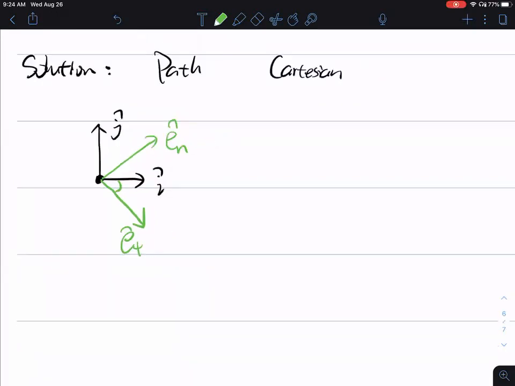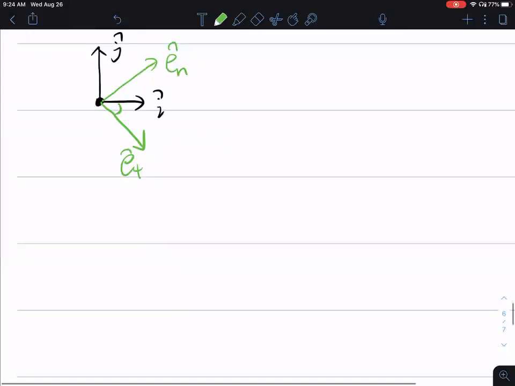And let's look at all the given conditions here. Let's look at how the particle P is moving. P is moving along the ET direction, right? We know that in the vertical direction, particle P is moving at a speed VB.